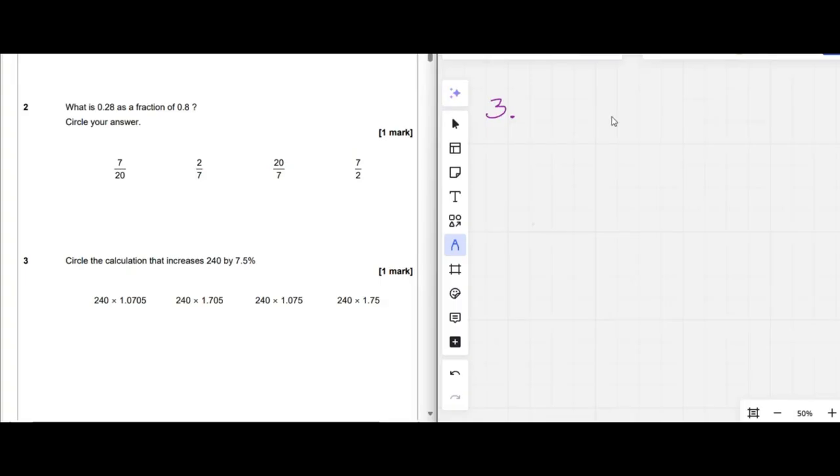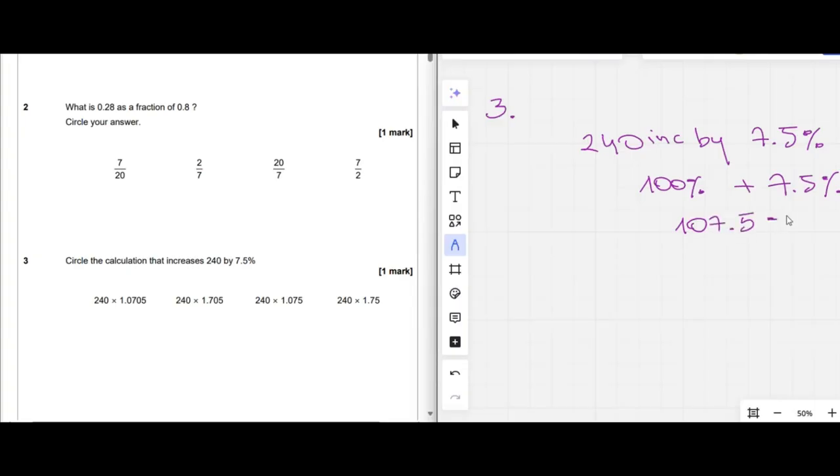Circle a calculation that increases 240 by 7.5%. So we will have 100% plus 7.5% together being 107.5%.